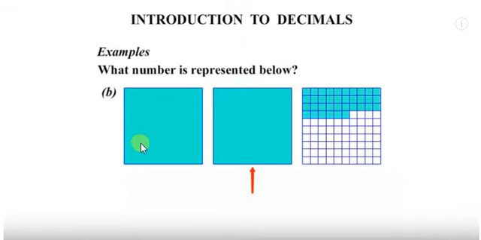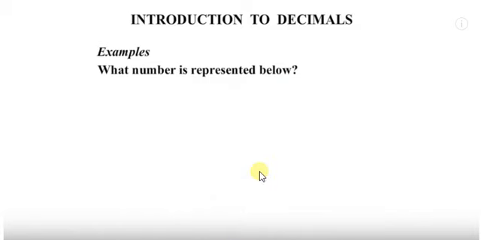This is one whole thing, the second whole thing, and the shaded part is 36 out of 100 cells, so you get 2 and 36 hundredths. If 36 hundredths is converted to a decimal, you will obtain 0.36. Added to 2, you get 2.36. So the number being represented here is 2.36.